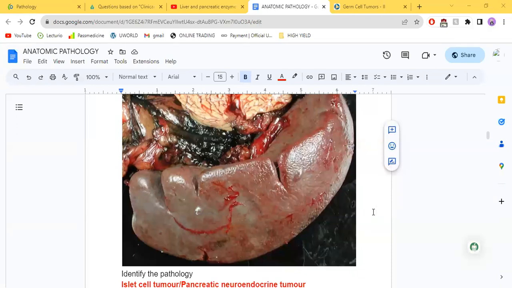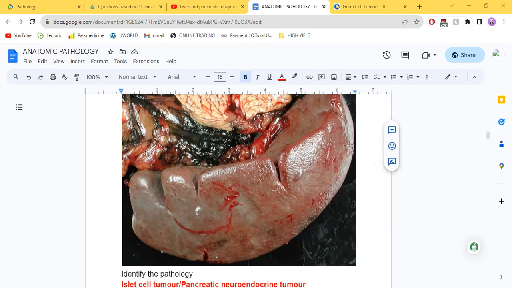Maybe we ask ourselves which hormones or enzymes are produced by the alpha cells in the pancreas. So alpha cells produce glucagon, correct? So the tumor will be called a glucagonoma, correct?